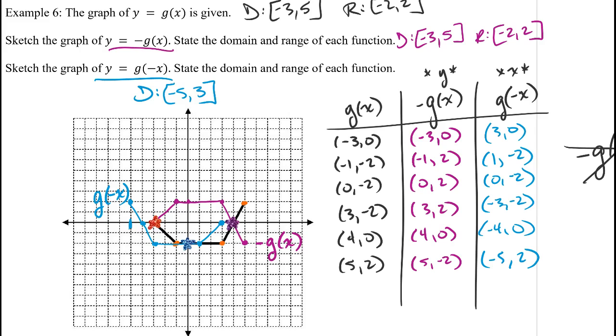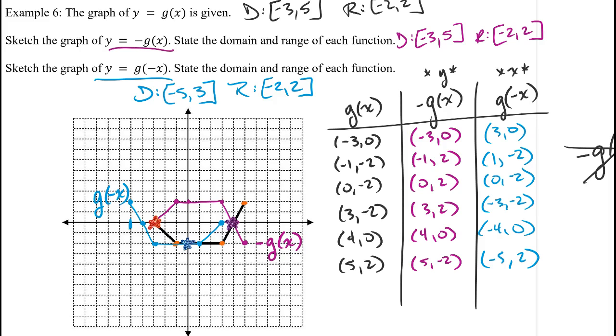So notice that even though we were just changing the values of individual points when we were starting to graph this, the overall impact is that my domain actually is completely changed also because I was changing the signs of x and domain is looking at only x values. My range predictably should not change here, even if it wasn't symmetrical, because I wasn't changing my y values. I didn't do anything to them. So that remains the same.